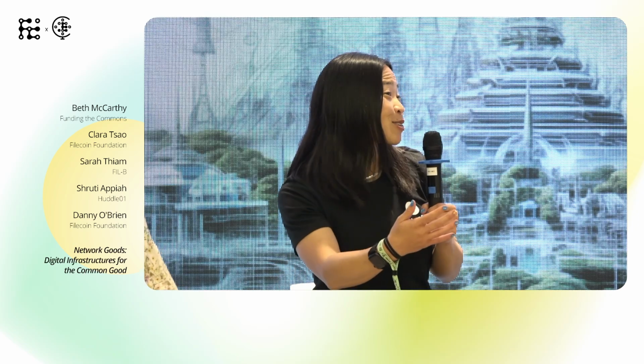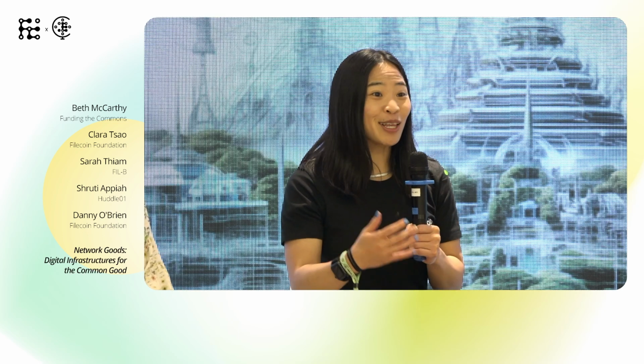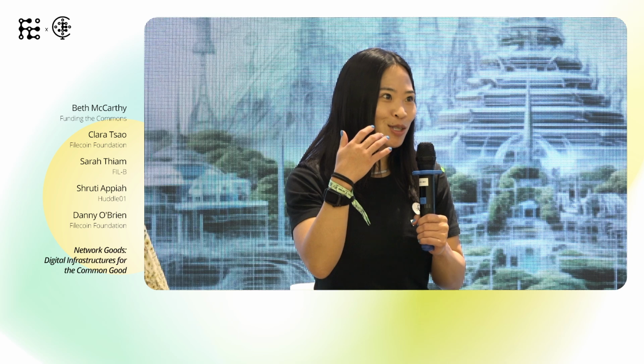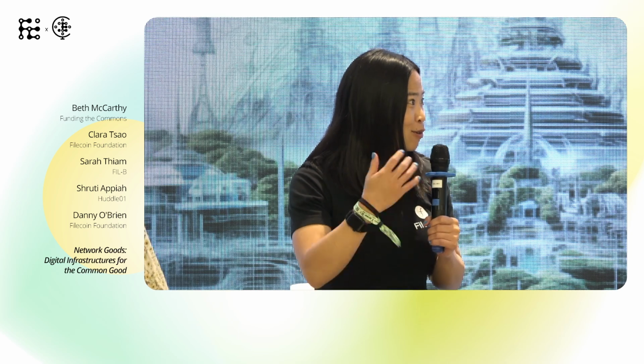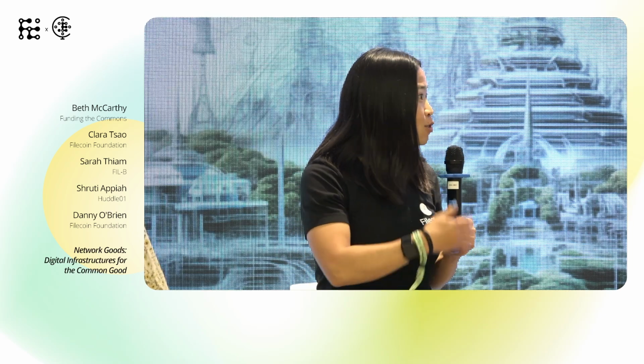We also, a lot of people actually ask me about funding the commons because they don't quite understand what it means. And I go, well, actually, it makes a lot of sense if you understand the history of open source software development. But I'm also actually curious, Beth, and others in this room, what open source software means in today's century for someone who is born in today's new generation, because now the internet is built off of so much open source. Some people may not even remember a time when things were closed source, right?